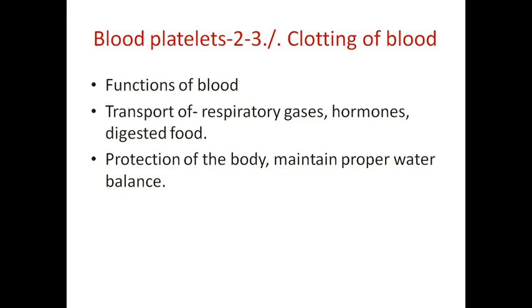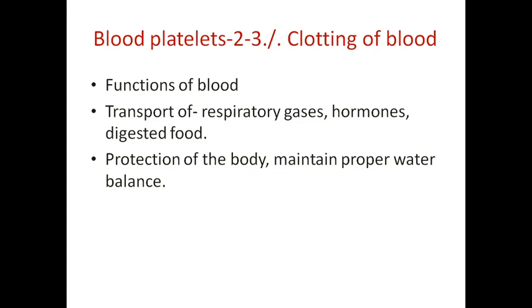It also regulates the pH level in our body. The last function is that it maintains the proper water balance in our body. These are the functions of the blood.